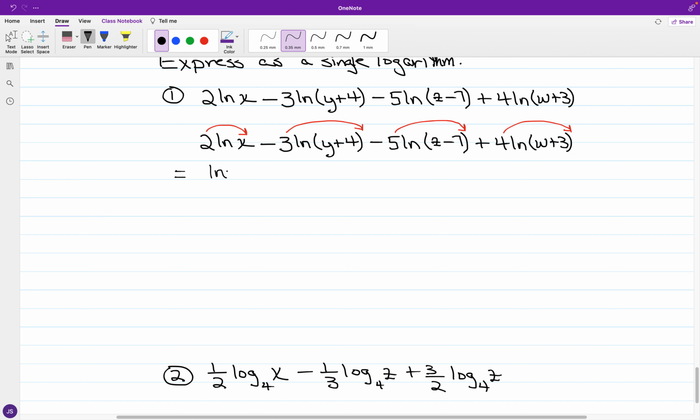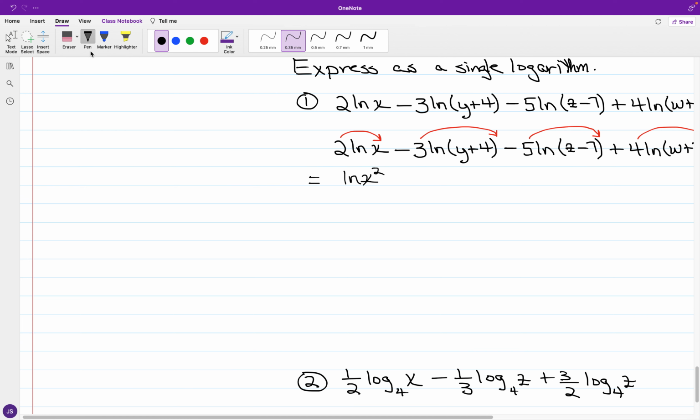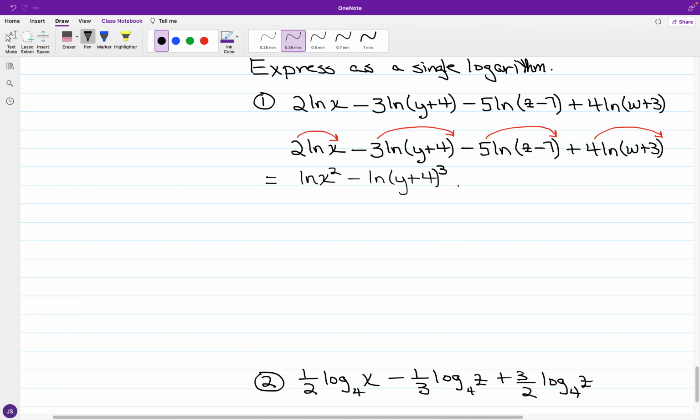So in rewriting, before consolidating, we have the natural logarithm of x squared, minus the natural logarithm of y plus 4 to the third, followed by the subtraction of the natural logarithm of z minus 7 to the fifth, and plus the natural logarithm of w plus 3, raised to the fourth.